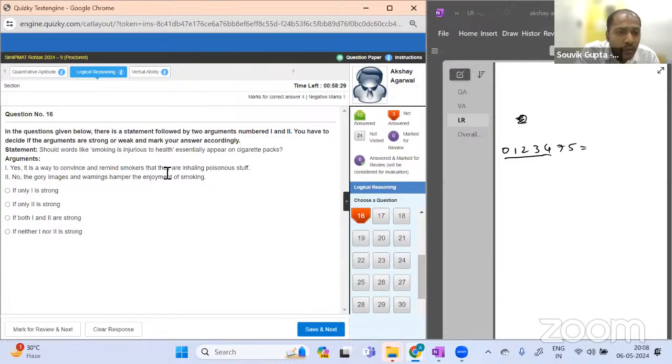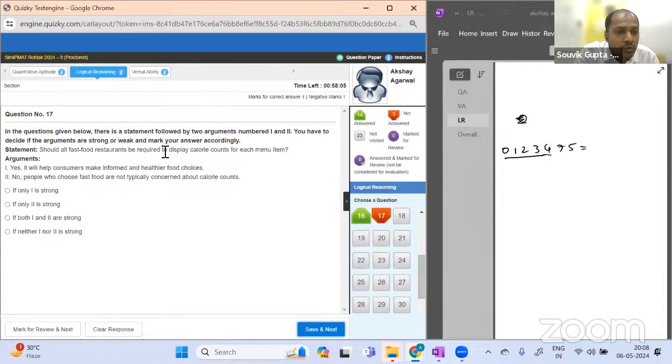The gory images and warnings hamper the enjoyment of smoking. But here, the whole argument or the whole discussion is about drawing attention to this thing. So I think the one is strong argument.